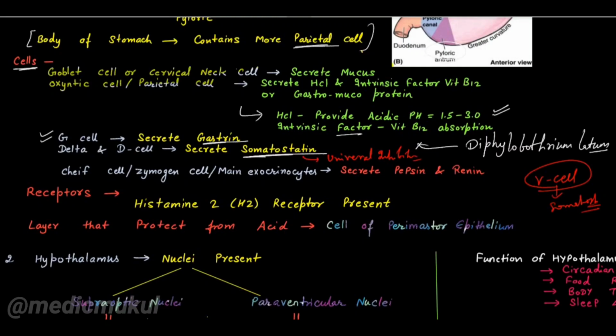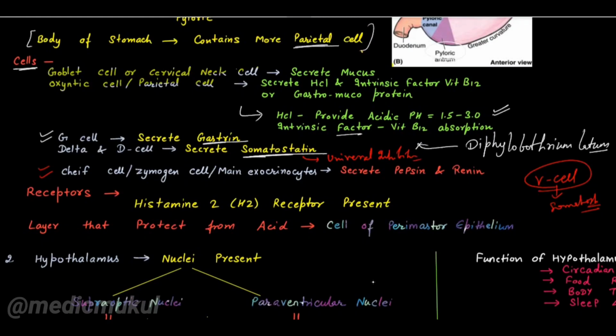The next cell is the chief cell, or we can call it the zymogen cell, or the main exocrinocyte cell. What do they produce? They produce pepsin and rennin.